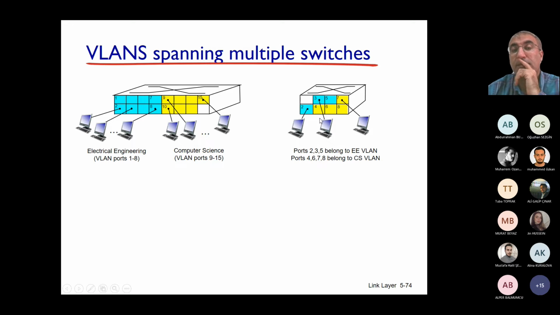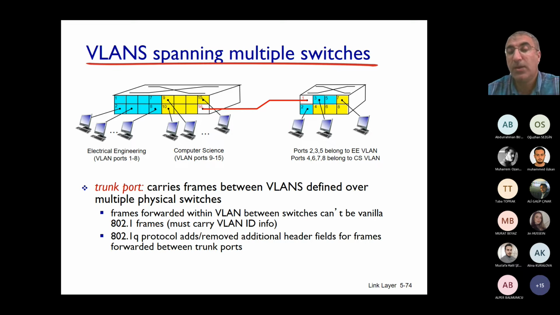For instance, in this case, in the second physical switch, we assigned ports 2, 3, 5 to the electrical engineering VLAN, and ports 4, 6, 7, 8 belong to the computer science VLAN. But the question is how we are going to connect these two physical switches. We use a trunk port. The red line is called a trunk port. It carries frames between the VLANs that are defined over multiple physical switches.